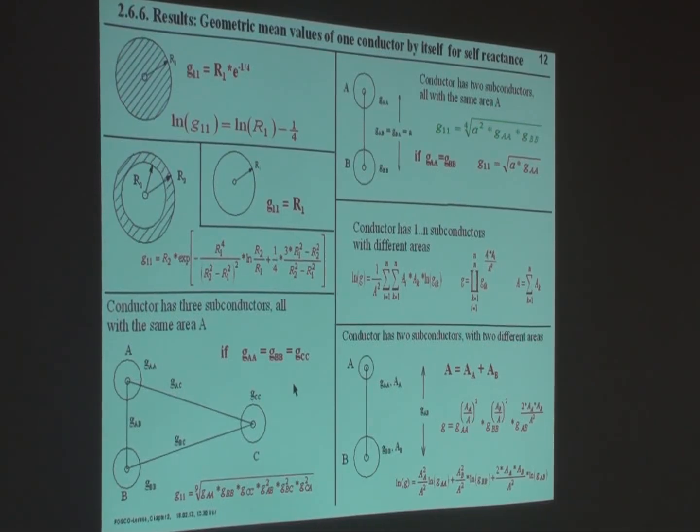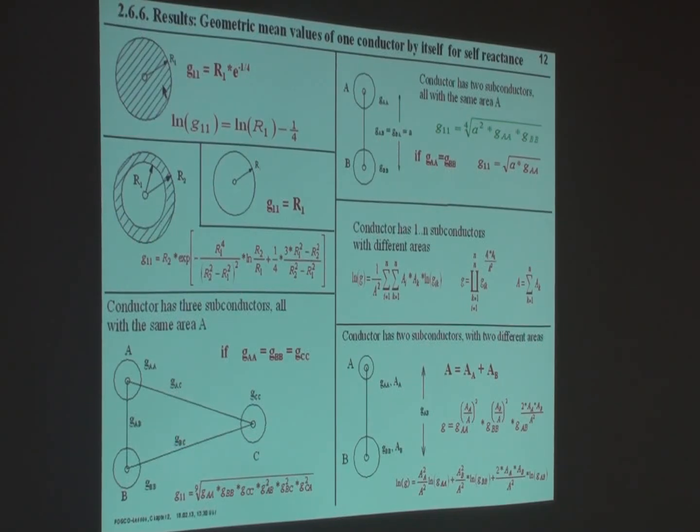And if we now make limits, so that we want to calculate the geometric mean radius of this conductor of itself, then we will get self-inductance. And we have to calculate the geometric mean radius of the conductor of itself. So, and if you make this, you will get this result for a full conductor.